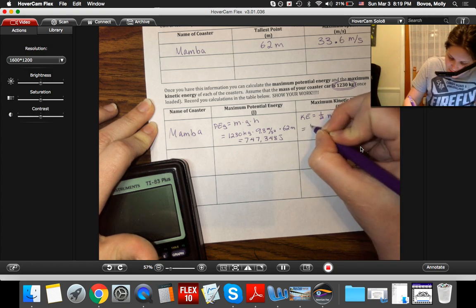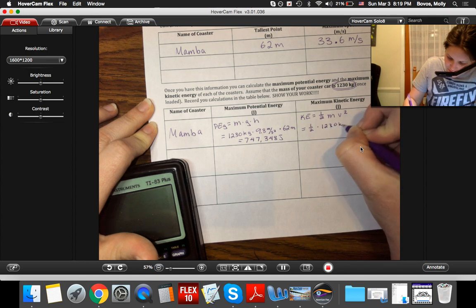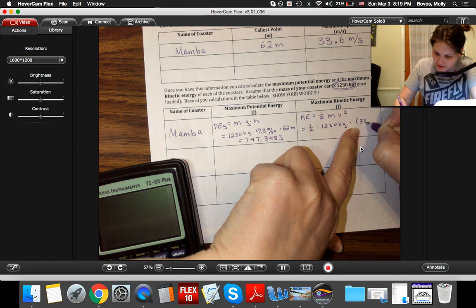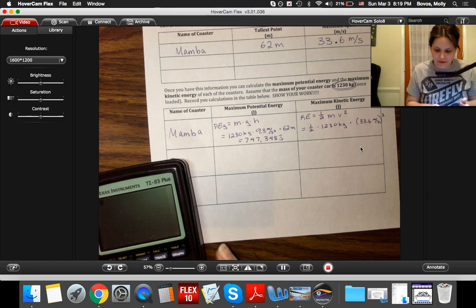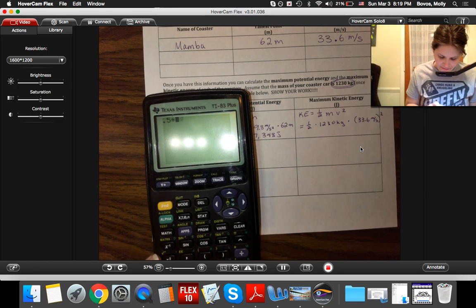So that is going to be 1/2 times 1230 kilograms times my velocity, which is 33.6 meters per second. That is the number that we're squaring. So I can type in 0.5 times 1230 times 33.6 squared.